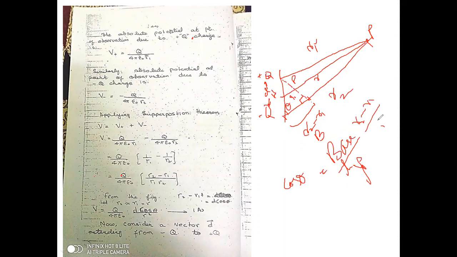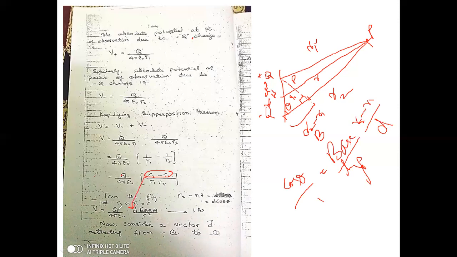So from here you can see that r2 minus r1 is equal to d cos theta. Cross multiplying, d cos theta will be equal to r2 minus r1.